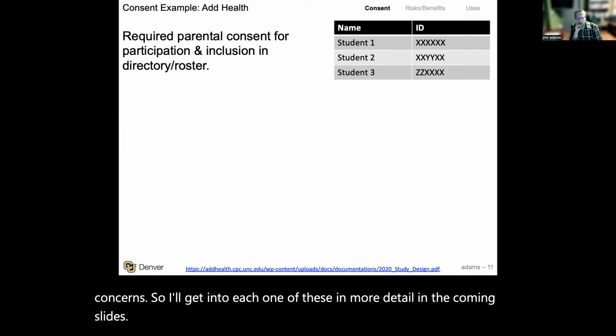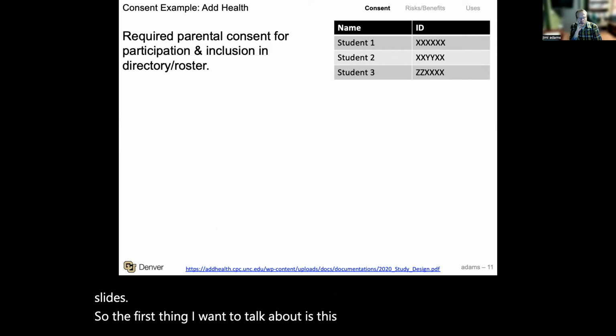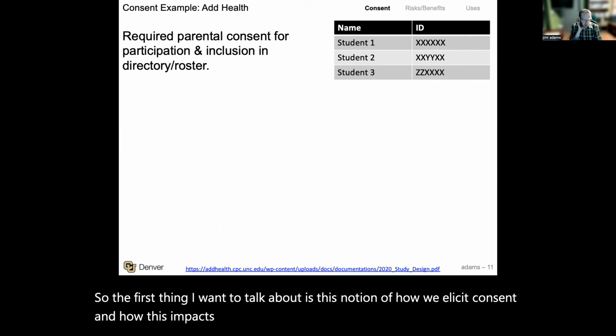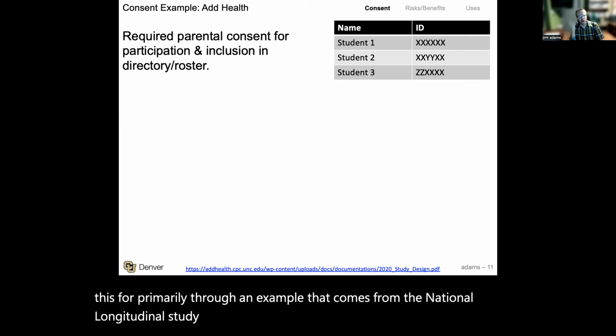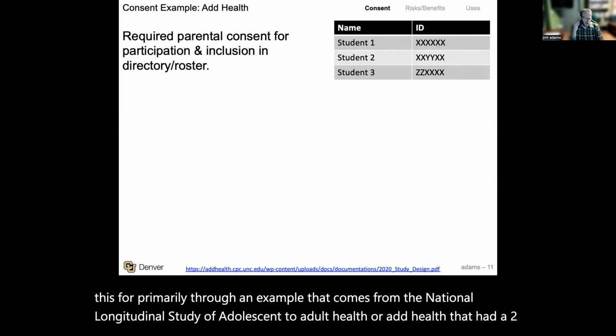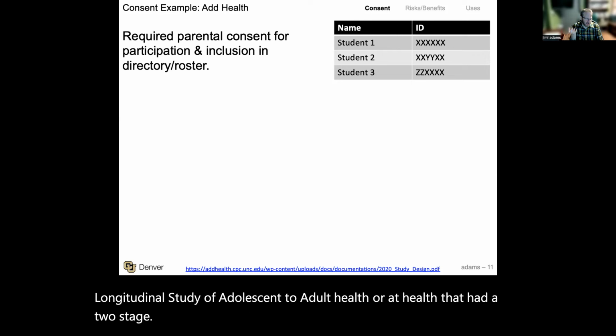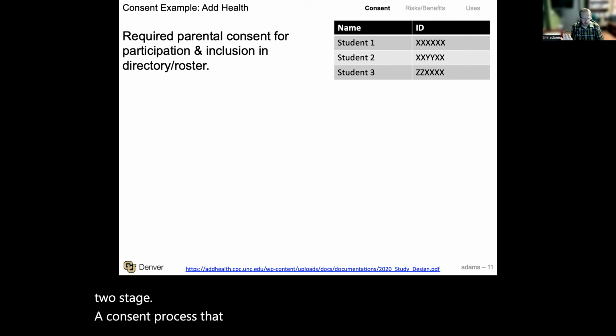So the first thing I want to talk about is how we elicit consent and how this impacts inclusion in the research itself. I'm going to do this primarily through an example from the National Longitudinal Study of Adolescent to Adult Health, or AdHealth, which had a two-stage consent process that worked differently in different school districts.